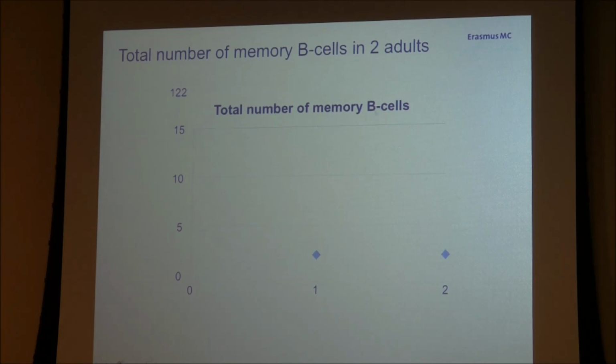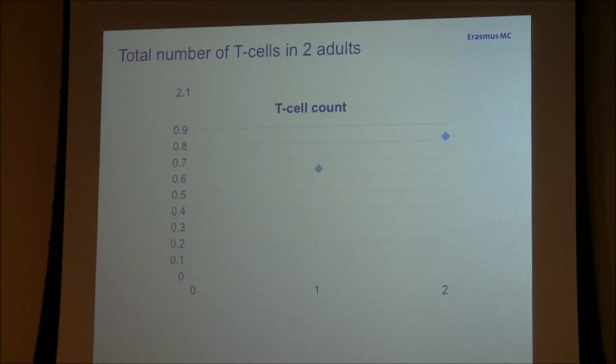So I showed you the total number of B cells, which was low, but what you see is that of all B cell subsets, the total number of memory B cells is low in the adults as well as in the children. T cell count was rather normal, a bit low in this patient, but rather normal in the children.